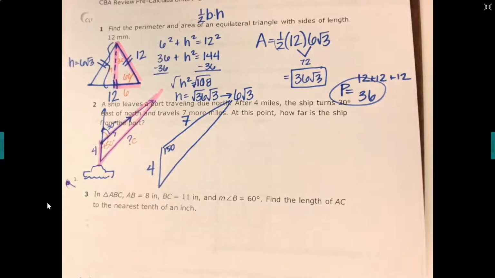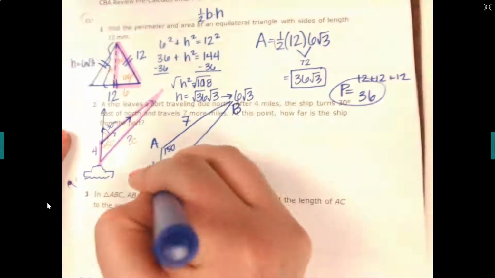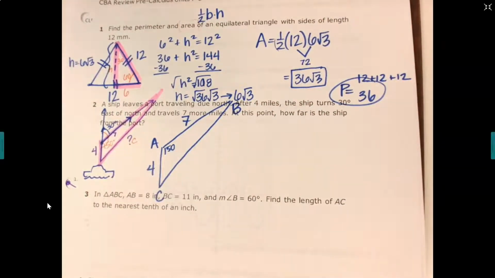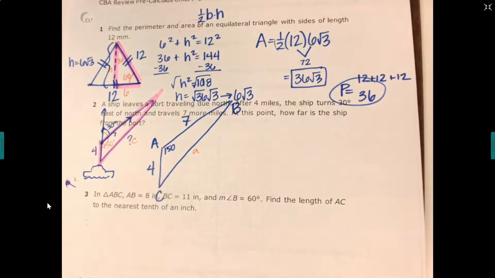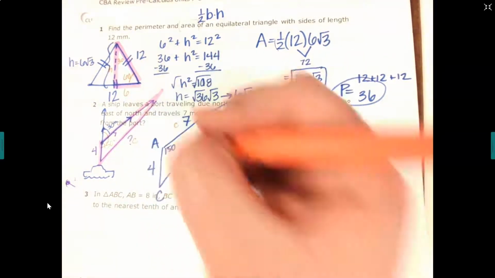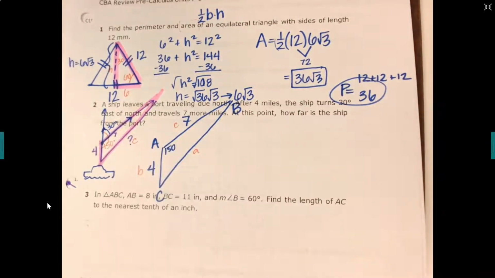Now, before you do that, okay, I would make sure that you go through and label all your corners. So let's do A, B, C. Now let's label our sides with letters. If this is A, this is little a. If this is C, this is little c. And if this is B, this is little b.